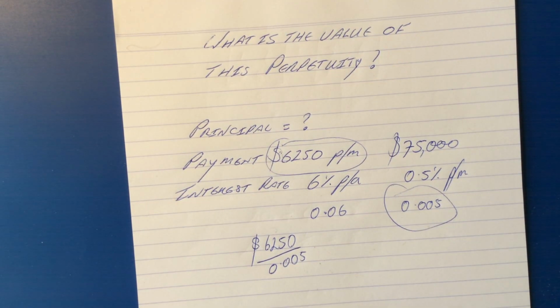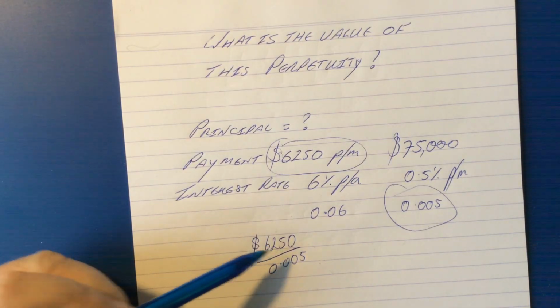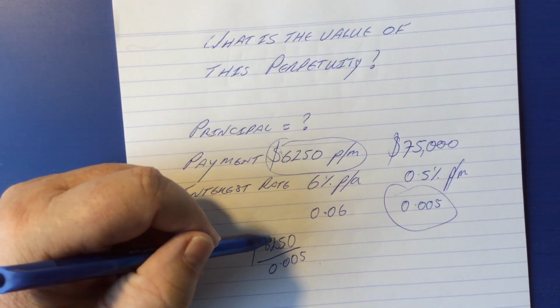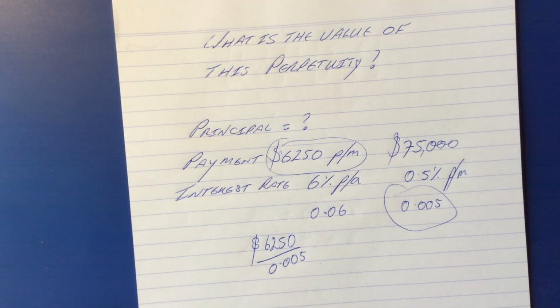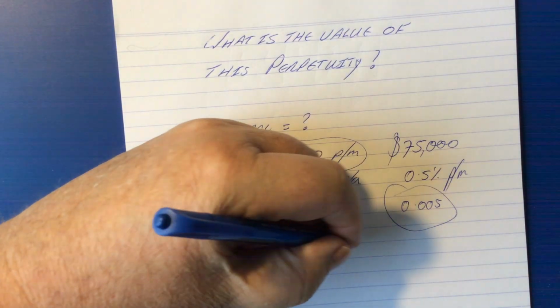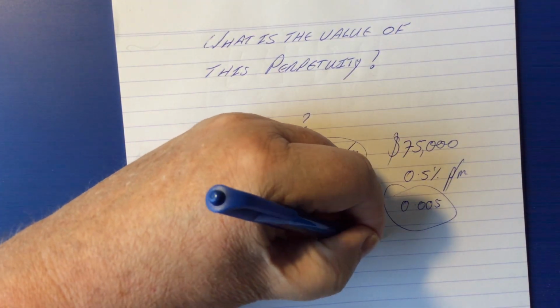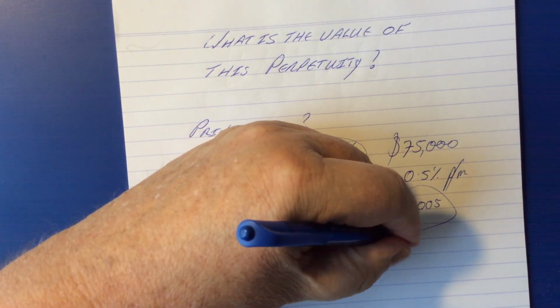So as you can see, what I've done is I've taken the interest rate and I've divided the monthly payment by it. This is the monthly interest rate. So 6,250 divided by 0.005 is $1.25 million.